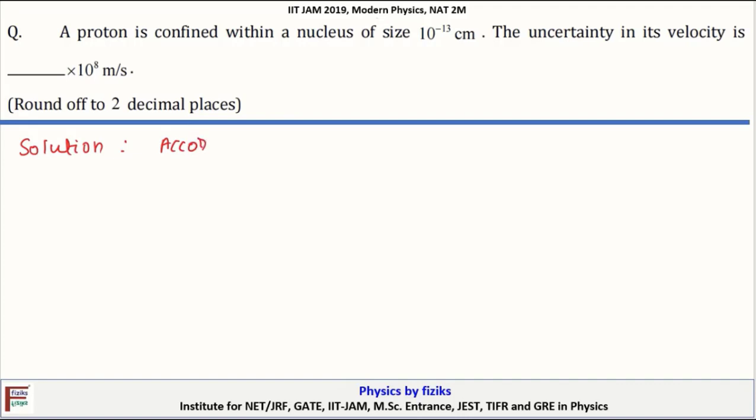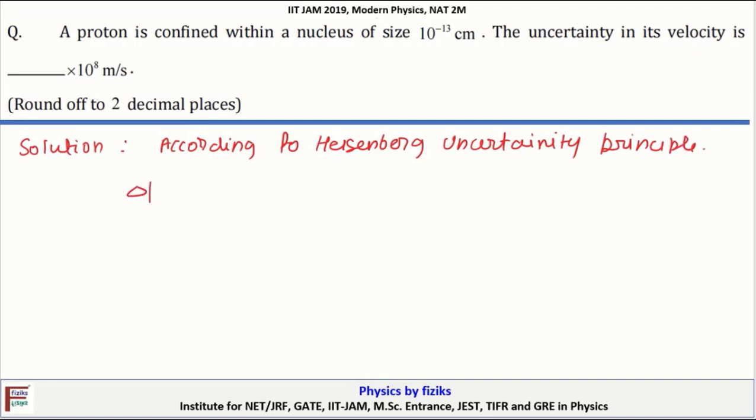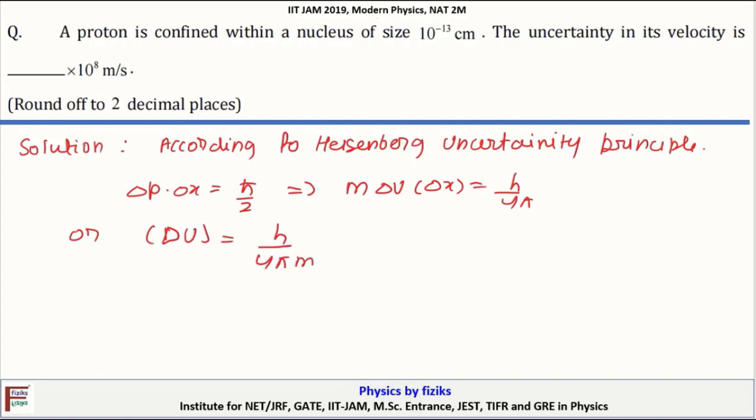According to Heisenberg Uncertainty principle, del P del X is equal to h cross by 2, implies M del V into del X is equal to h by 4 pi, or delta V is equal to h by 4 pi M del X, that is 6.6 times 10 to the power minus 34 divided by 4 into 3.14 into.